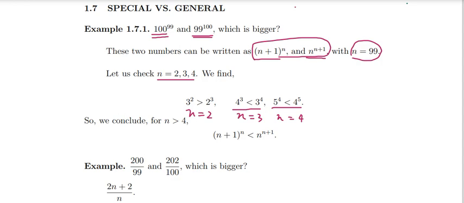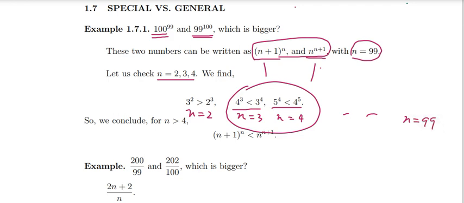Okay, so in these cases, we find n^(n+1) is bigger. So we can say that when n equals 99, we are sure these two numbers should be this less than this. So we say 99^100 is bigger.